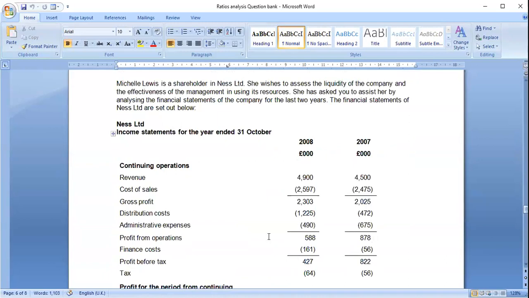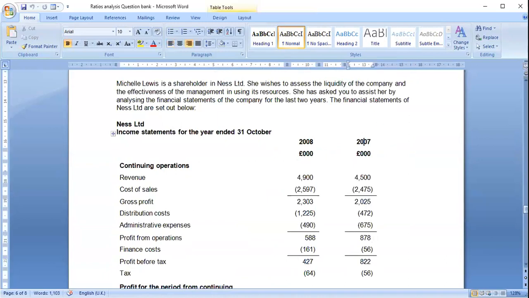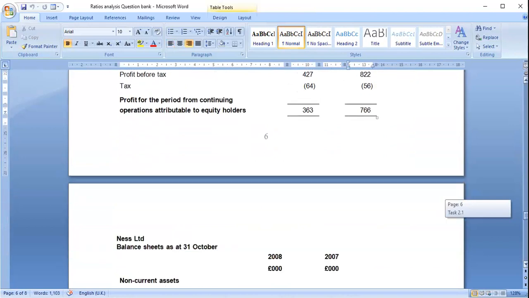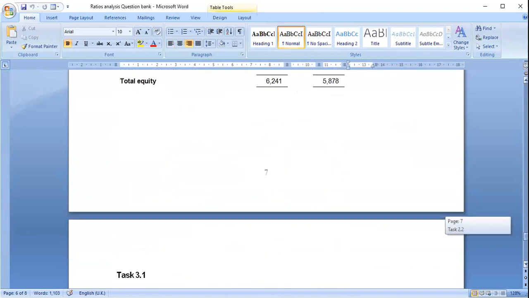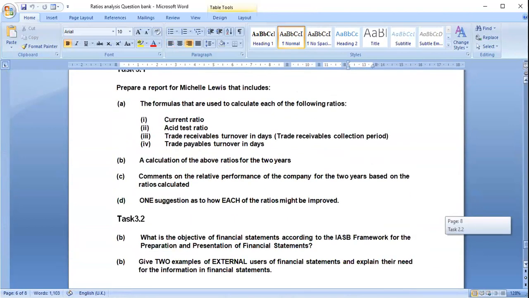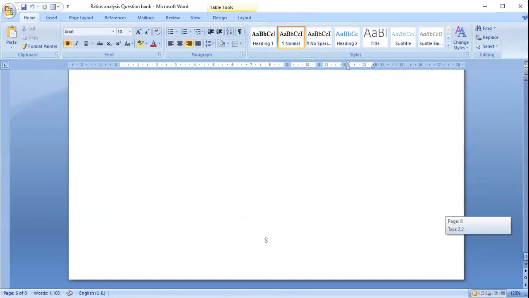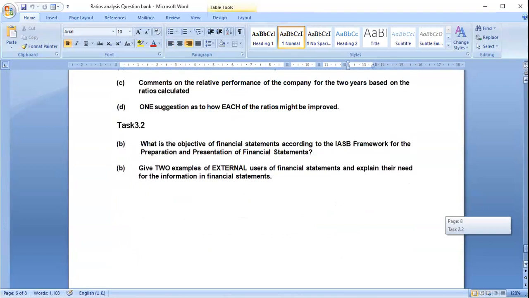Can you see all? Yes, please. If you have a question, you can ask. In our assignment you can use any examples, because it's not exam based, it's assignment based. So we can look at internal and external users, different stakeholders, and other users of financial statements. That's quite good to look at.